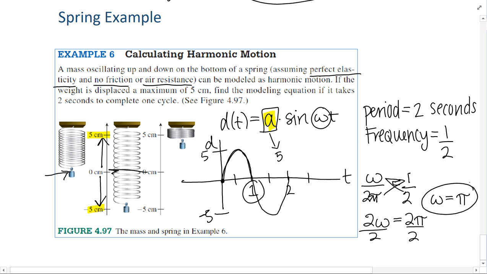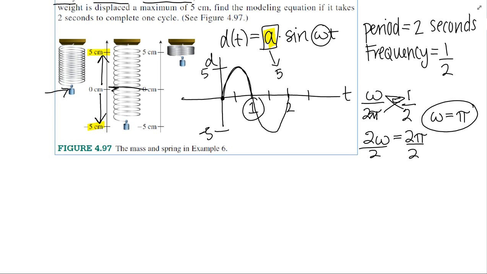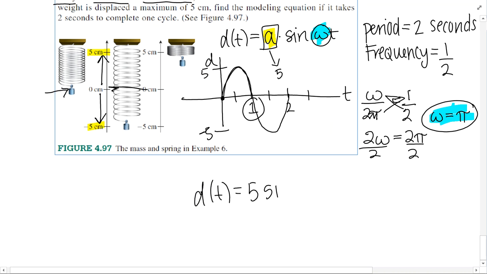So that is the thing that goes here. Putting it all together, the distance is 5 sine of pi t. And we are done.